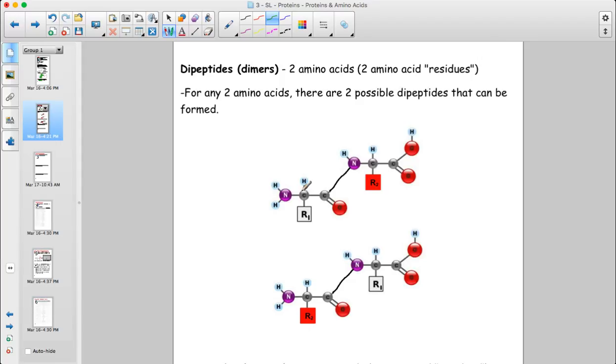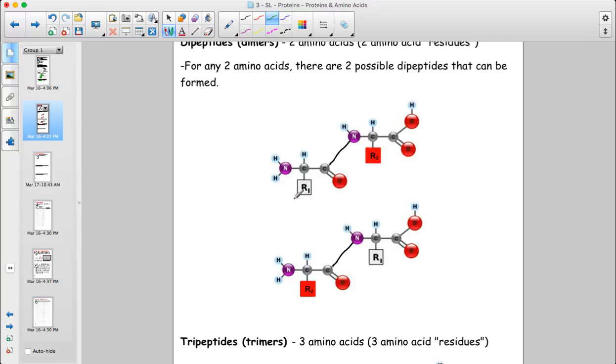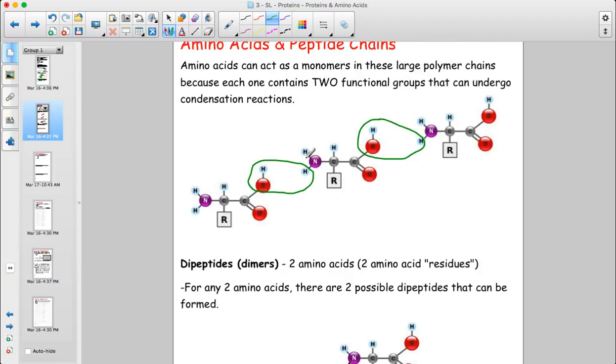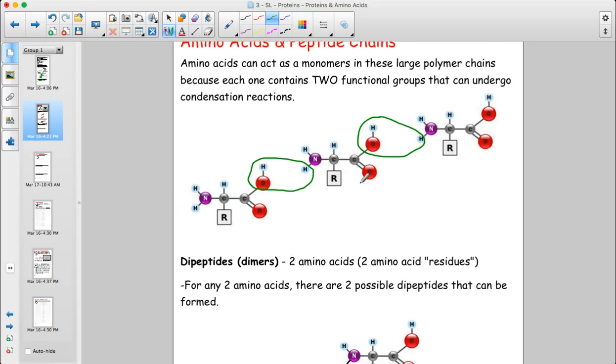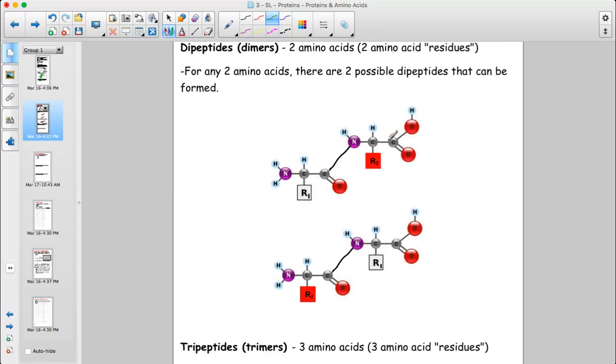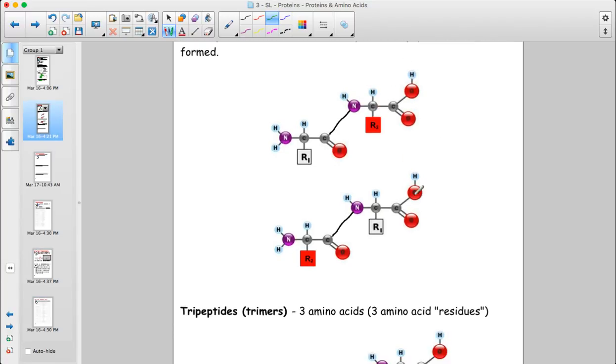For any two amino acids, there's two possible dipeptides that can form, and that's because of the fact that the amino acids can bond on either side. They can bond on the amino side or the carboxyl side. So in this one, you'll see that the R2 amino acid still has its carboxyl group sticking out, but in the other version of the dipeptide, the R1 amino acid has its carboxyl group sticking out.